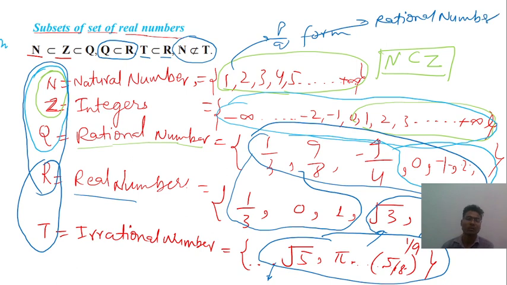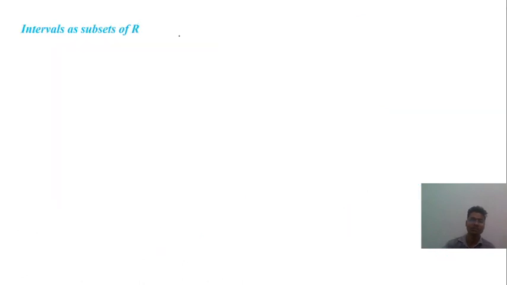So natural numbers are rational numbers, not irrational. So natural numbers are not a subset of irrational numbers. I think I tried my level best to explain the whole scenario between all the numbers.